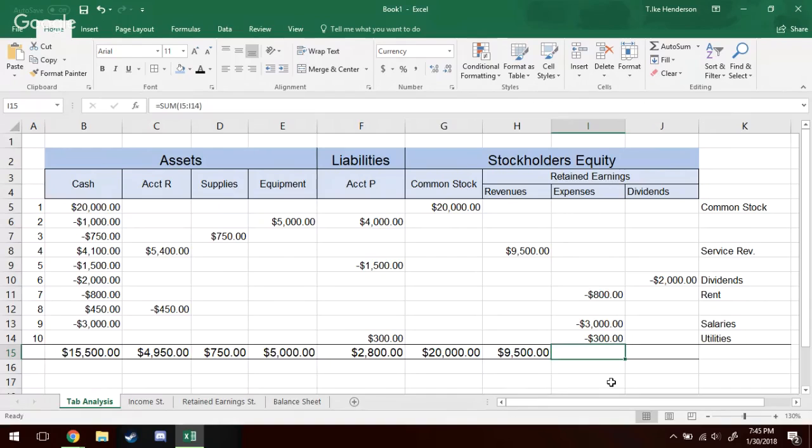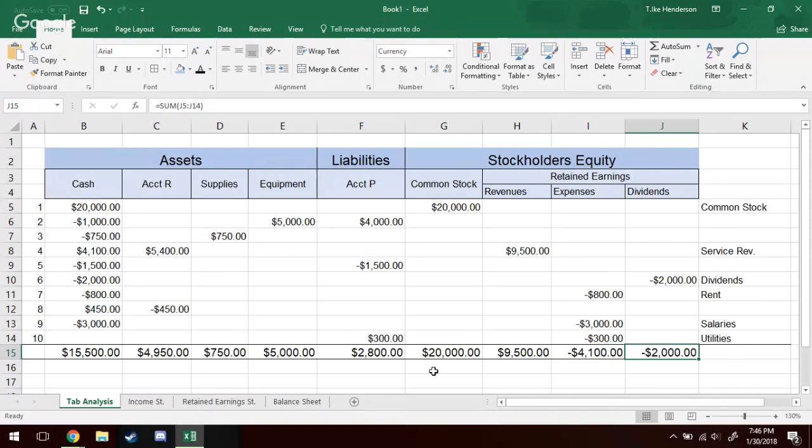Our expenses must be totaled up, so we have minus 800, minus 3,000, and minus 300 for rent, salaries, and utilities, respectively. If you add those together, you should get negative $4,100. And our final account, dividends, only one transaction included dividends, and so that'll be minus $2,000. All right, there we go.